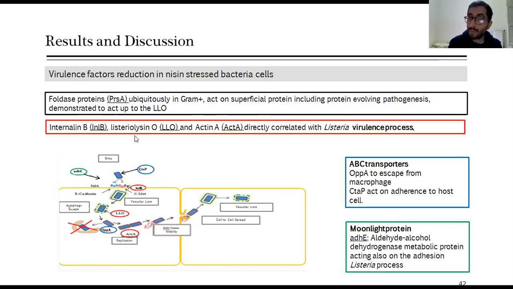Working together with these main virulence proteins, it was possible to observe the foldase protein that works on the folding of the main virulence proteins, and then a membrane transporter and a moonlight protein.